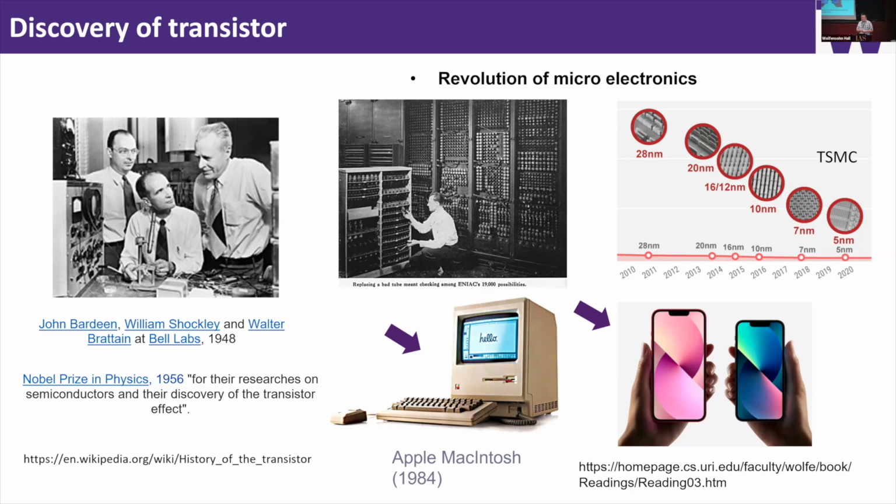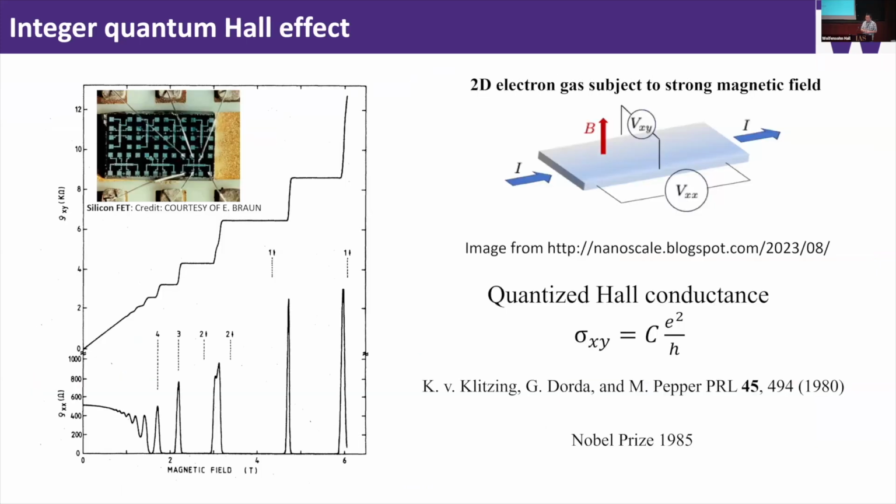During the pursuit of technologies, something really beautiful happened in condensed matter physics, which is the discovery of the quantum Hall effect. Back in the late 1970s, von Klitzing got these silicon transistors. Then he started to study the transport properties of these 2D electron gases.